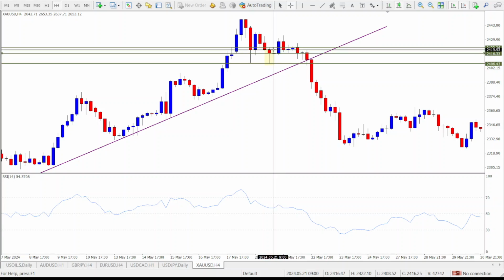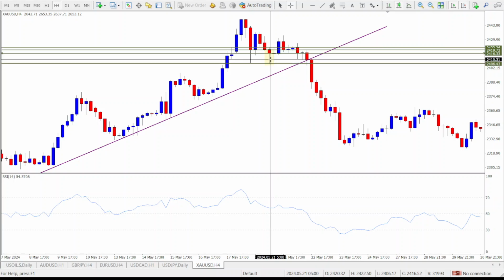At the open of the candle, the bears prevailed. It's possible that the bulls initially took dominance and we had a little rally to this point. That is the high. Within the session, at some point, we had a move to the upside, and then eventually the bears dominated this candle and we had a sell all the way down to this point.